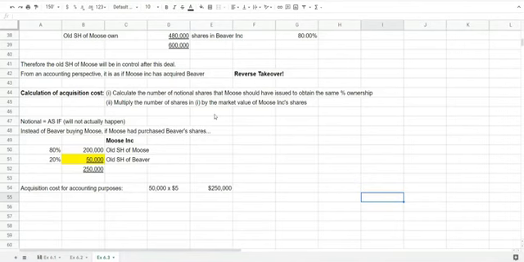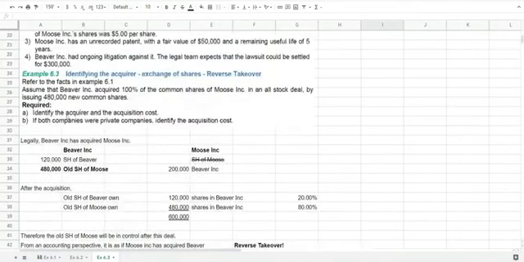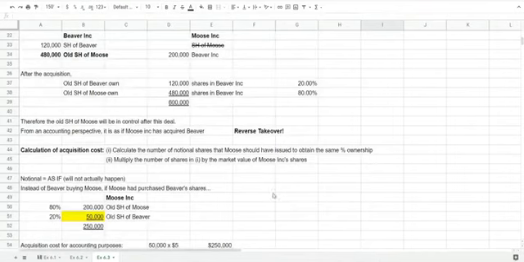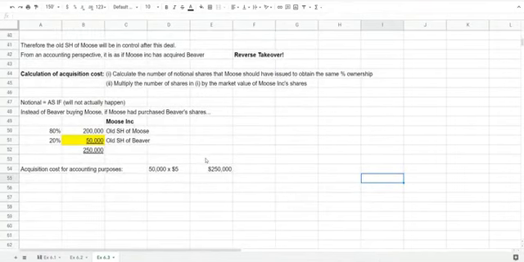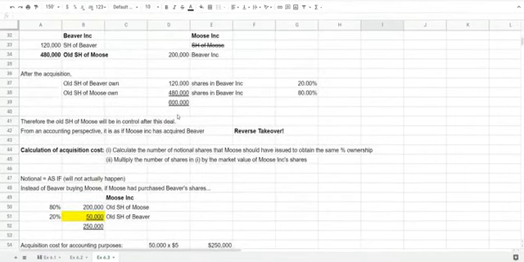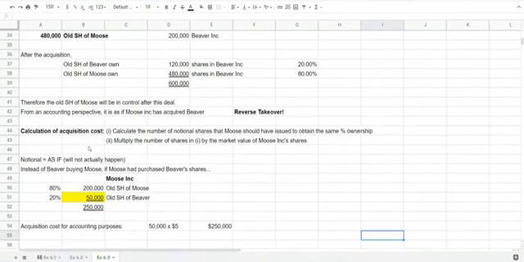Right? So this is the answer to part A. Identify the acquirer and the acquisition cost. Under IFRS, you first identify who is the acquirer, and if it is indeed a reverse takeover, then you first calculate the number of notional shares.